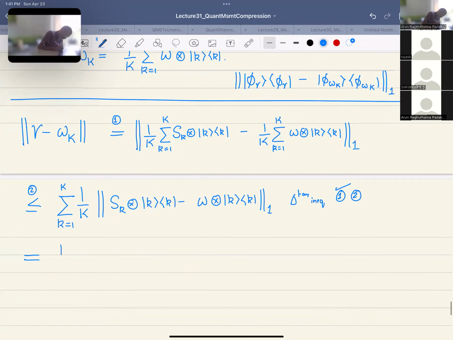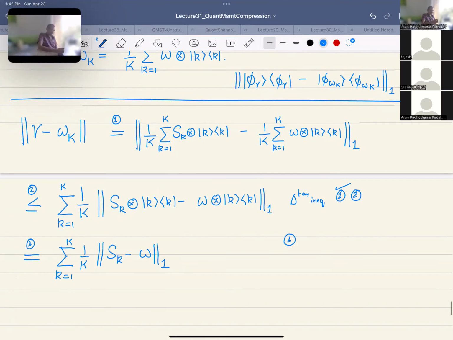Can I say this? Why is this true? Why is 3 true?